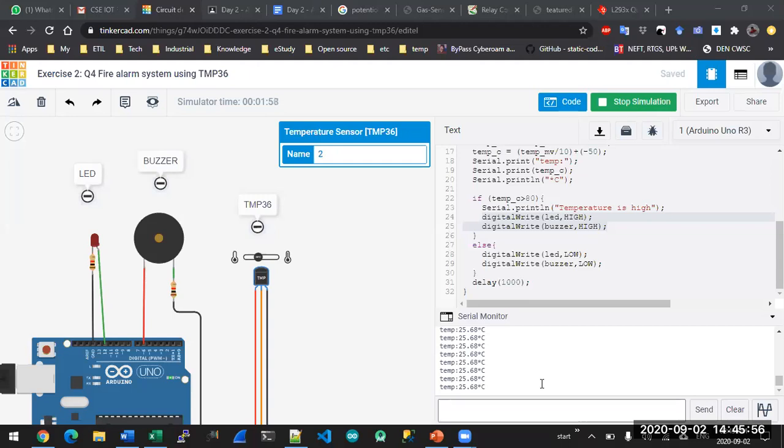I think that this was also a simple experiment, and if there is no doubt, we can move to the next experiment.